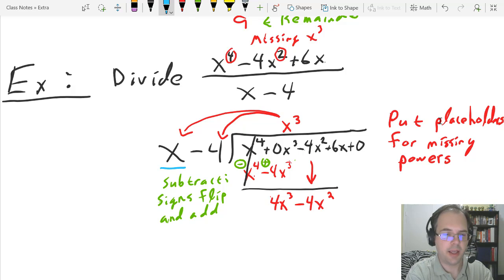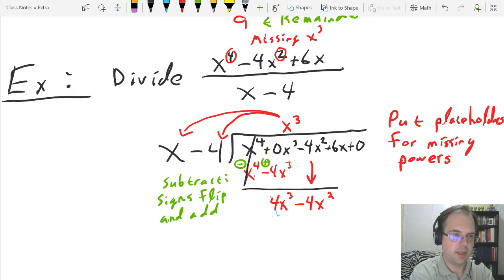What do you have to multiply x to get 4x cubed? Indeed, you'd have to multiply by 4x to the second power. If you multiply 4x squared times x, then you'll get 4x cubed. And if you multiply 4x squared by negative 4, then you'll get negative 16x squared.